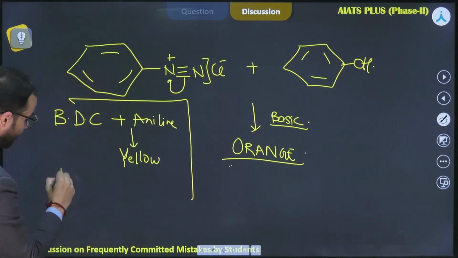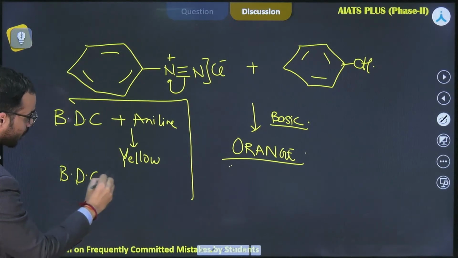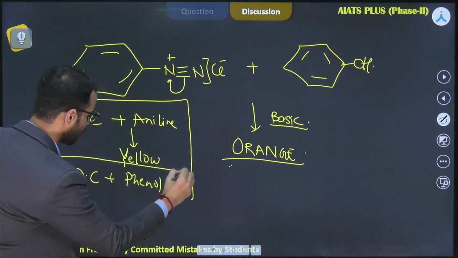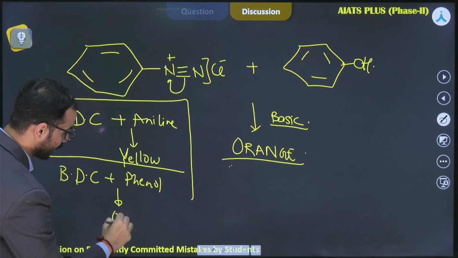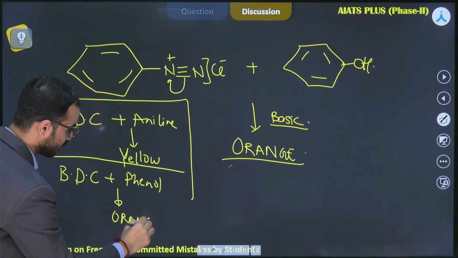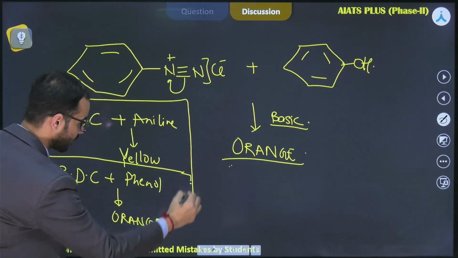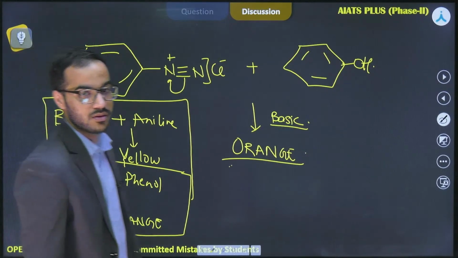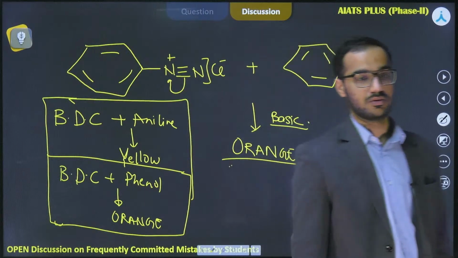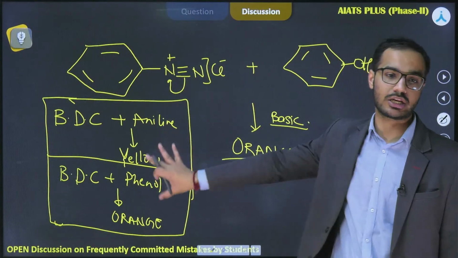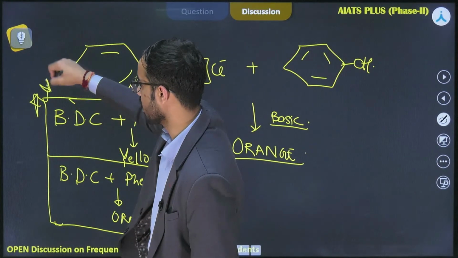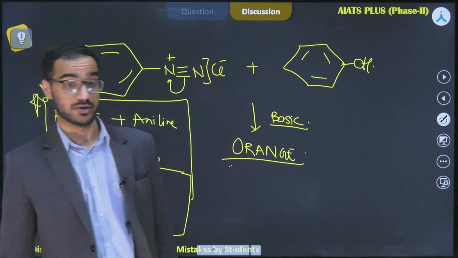And if benzene diazonium chloride is reacting with phenol, you will be having orange color dye. Absolutely correct. So this is the major crux of this concept. And always remember, this has been clearly asked in your previous exams.